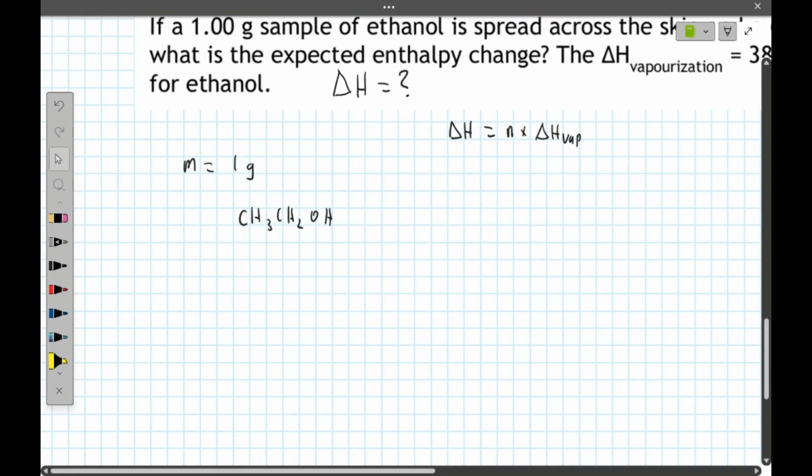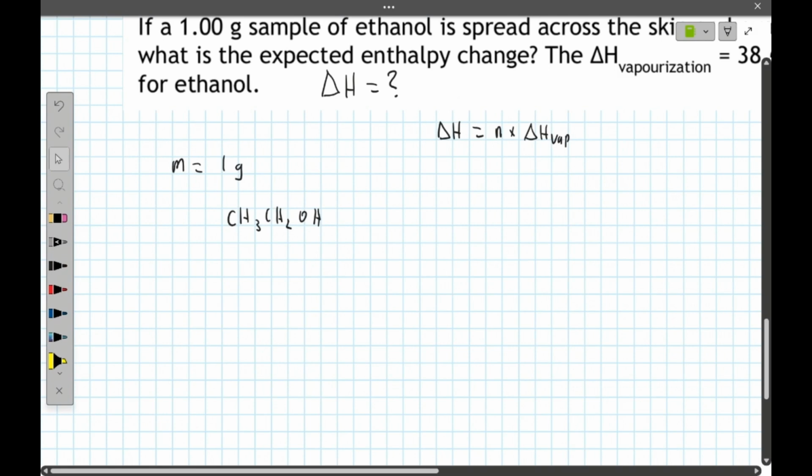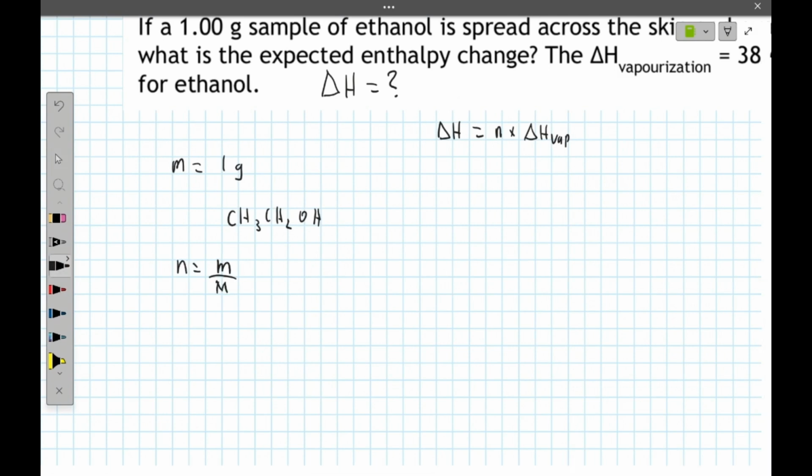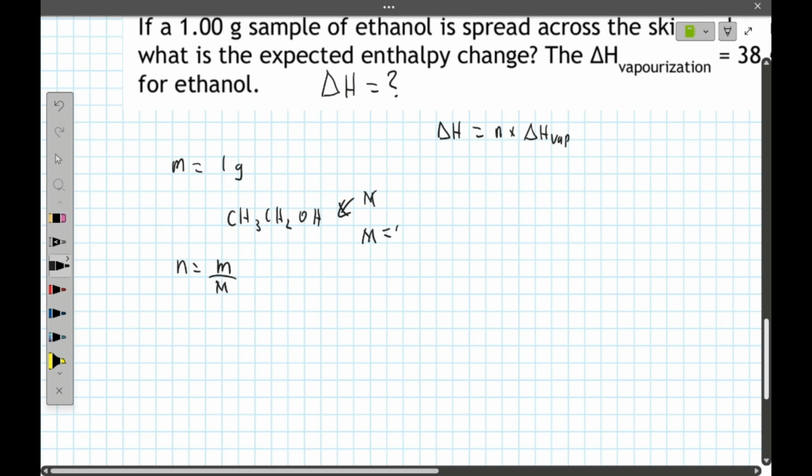So knowing this, now we can use the formula. Number of moles is equal to mass over molar mass. So you need to get the molar mass of this using the periodic table. The molar mass of ethanol is equal to 46.07 grams per mole.